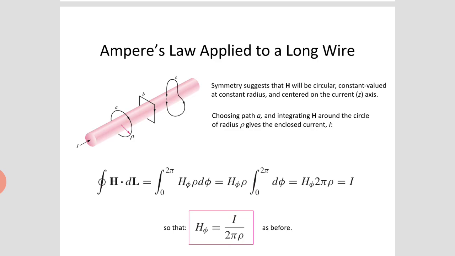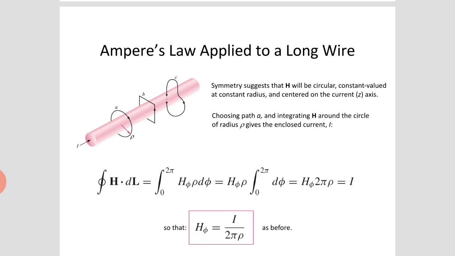So H phi rho integrated from 0 to 2 pi over d phi gives just 2 pi. Therefore H phi 2 pi rho is equal to I. So we can say that H phi is equal to I divided by 2 pi rho, as before.